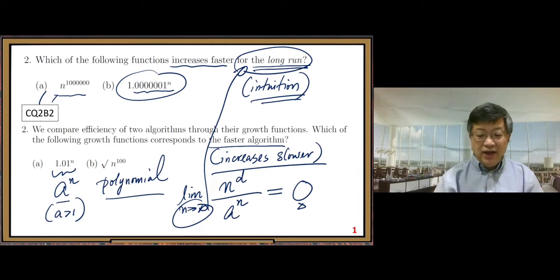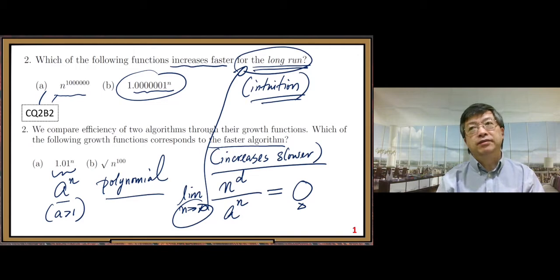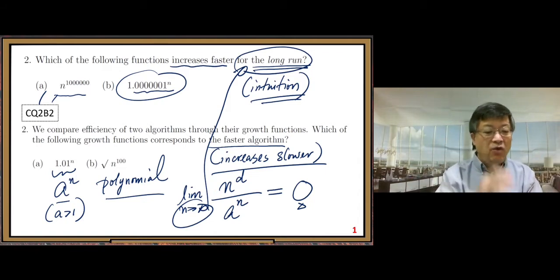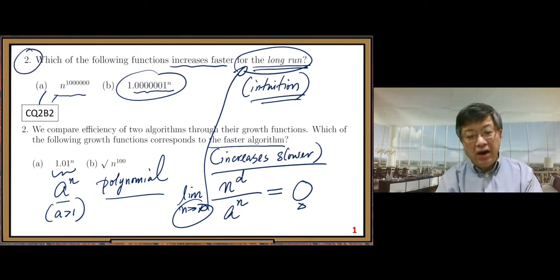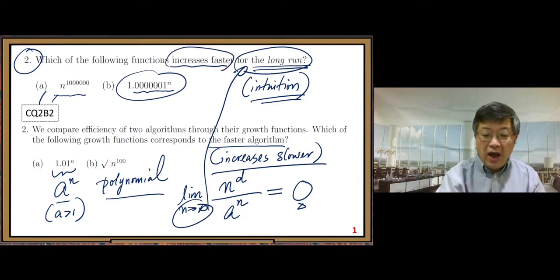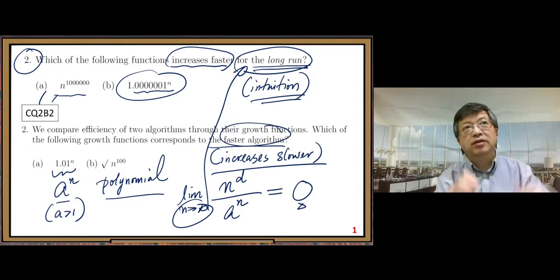So here you can see this is the theoretical background for this type of question. If you understand all these things, then you won't miss our homework question here. But read the question carefully. Increases faster, algorithm faster, the meanings are just the opposite, right?